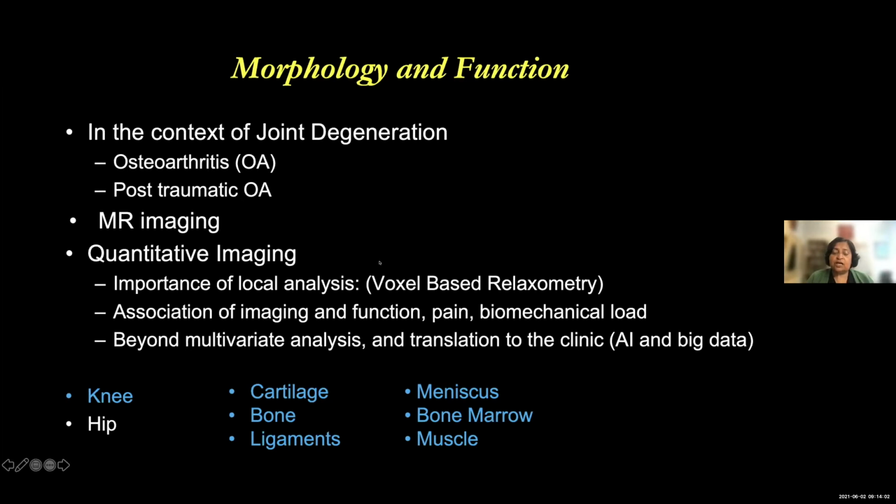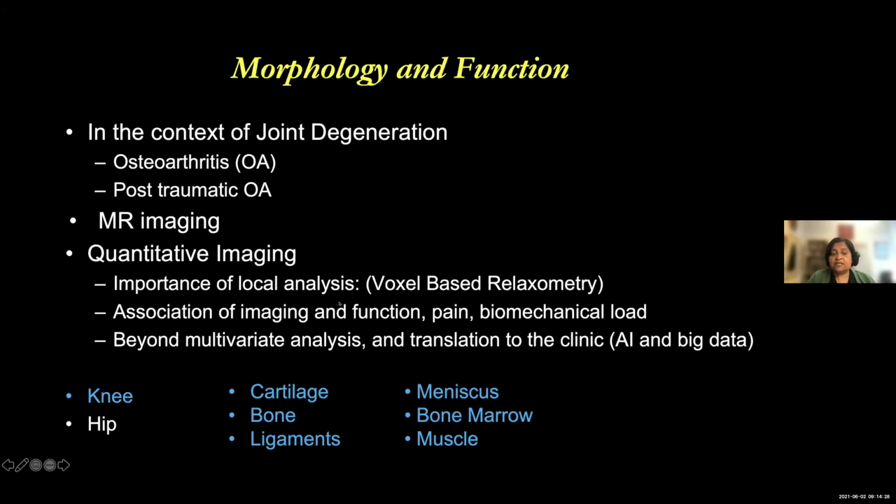Quantitative imaging in MR is a way of looking at tissue composition and changes in the cartilage biochemistry, which also occur as a result of osteoarthritis. The association of imaging and function and pain with these quantitative parameters opens up a huge area for precisely quantifying the disease and for precision medicine in joint function and osteoarthritis.